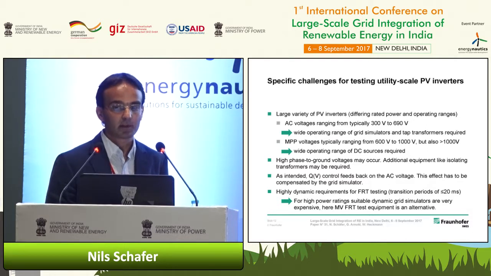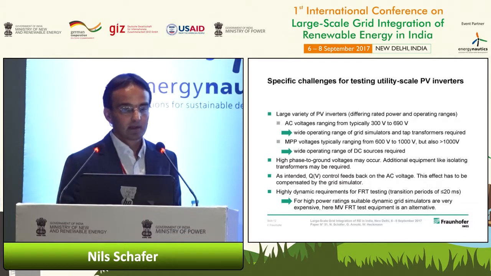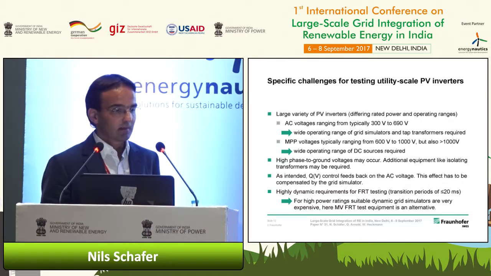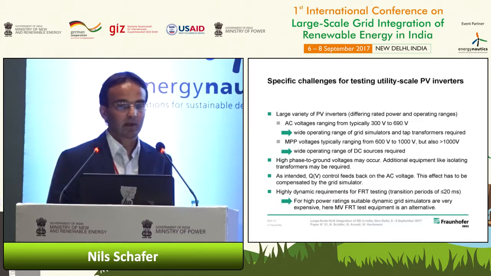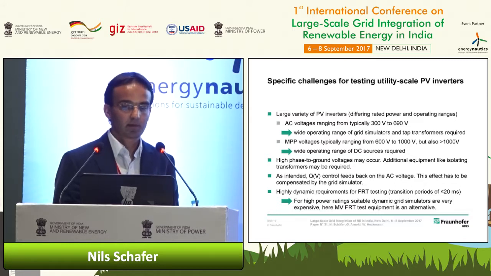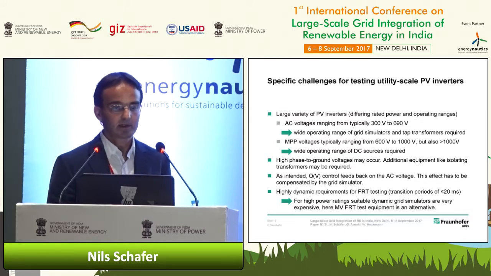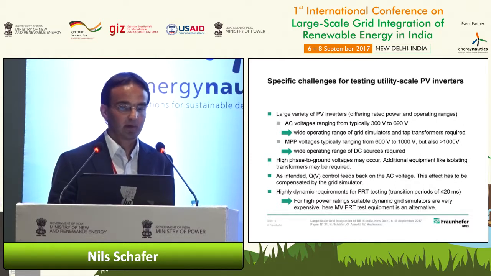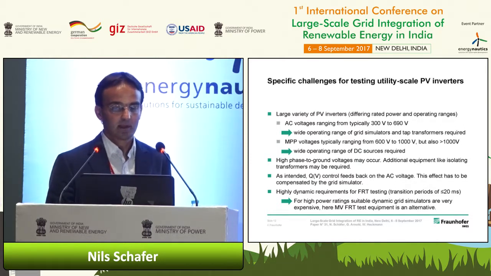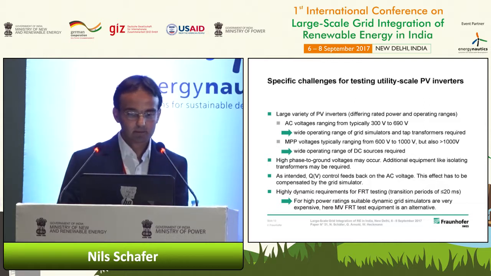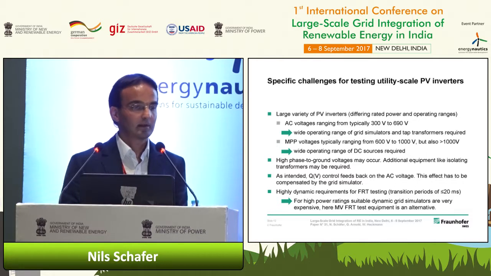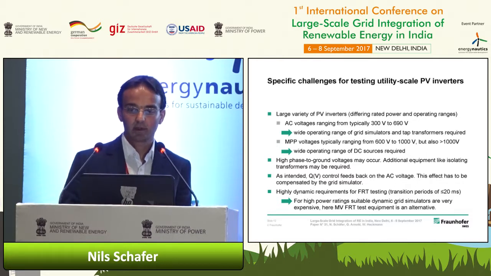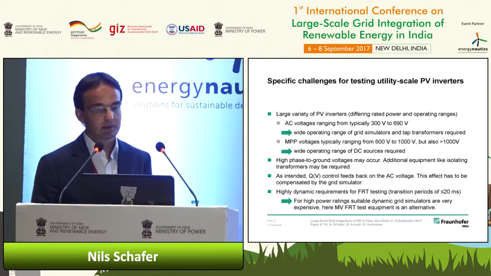So as main specific challenges, this is my last slide, I would like to give this point for utility scale PV inverters. So utility PV inverters may have a differing AC voltage from 300 to 690 volts, and also the DC voltage may vary widely. Therefore, AC source and DC source have to be very wide in their operating range. And you may need additional test equipment like isolating transformers.